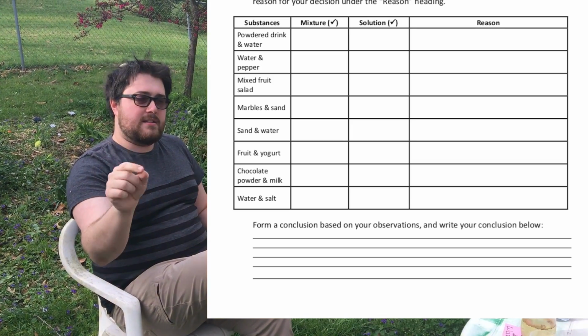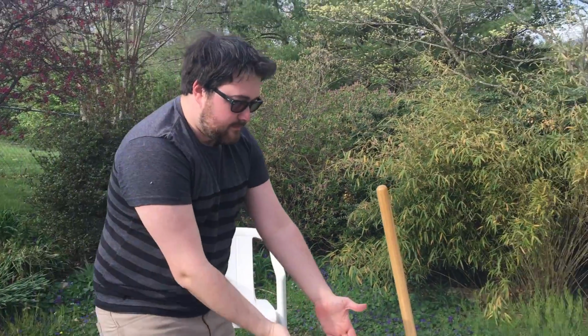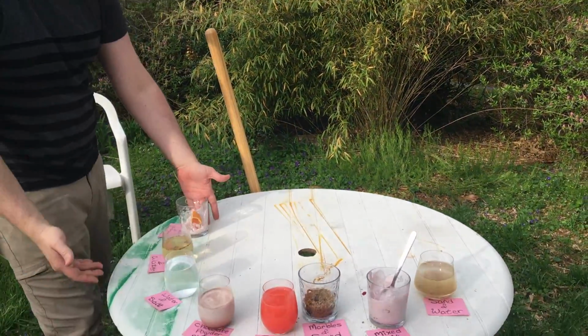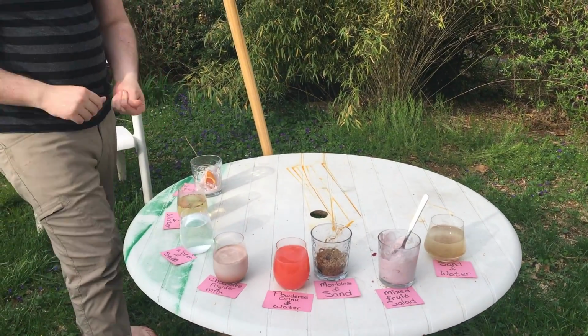Now, it's their job as the students to go around the classroom and examine these 8 glasses that you've made. And they're going to say if it's a mixture, a solution, or both, and comment why they think that is. And you're going to go around and kind of give a little commentary to them as you're going.